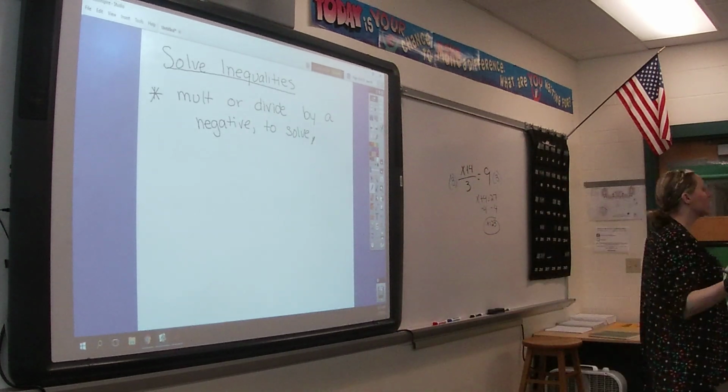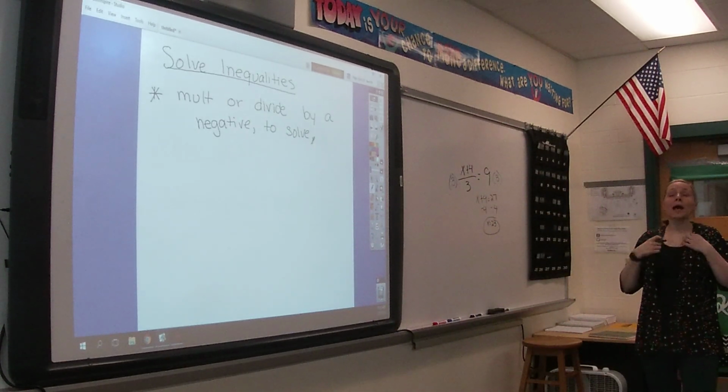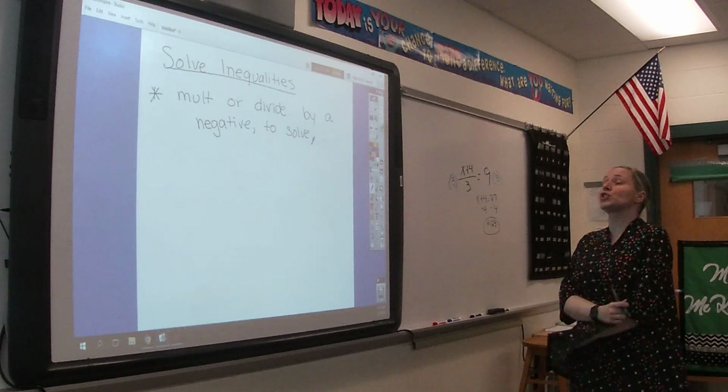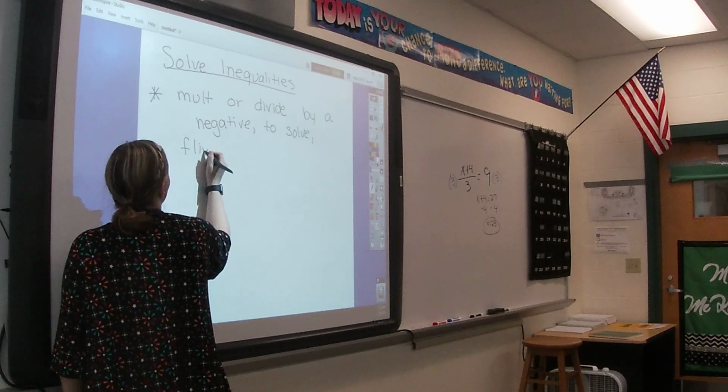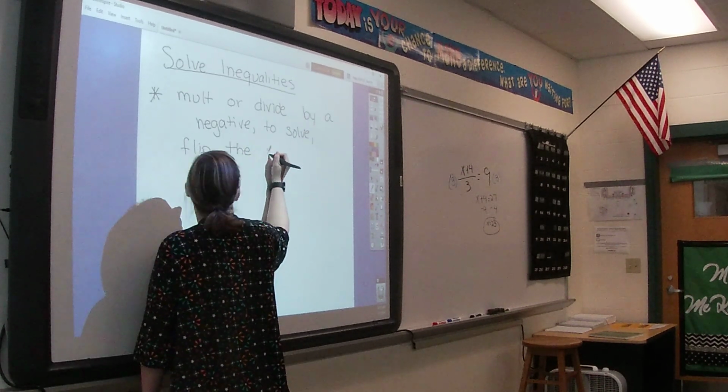Okay, so it can't just be multiplication or division anywhere. It has to be multiplication or division when we're solving. If we do that, then we are going to have to flip the inequality sign.